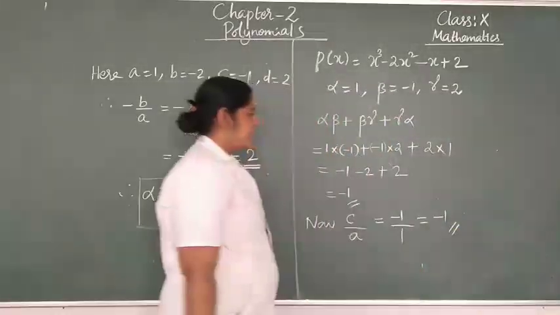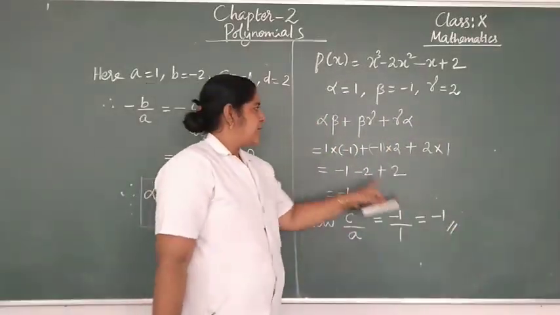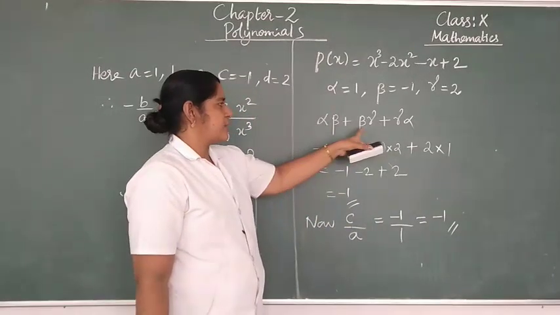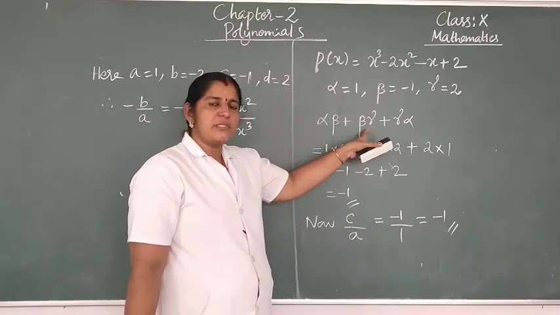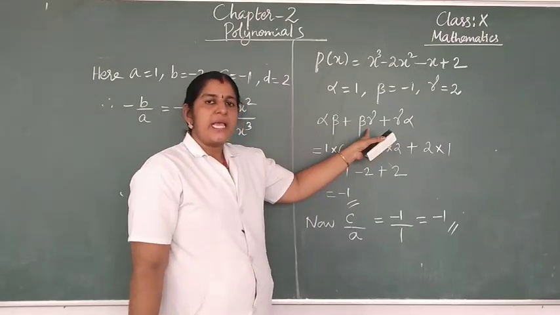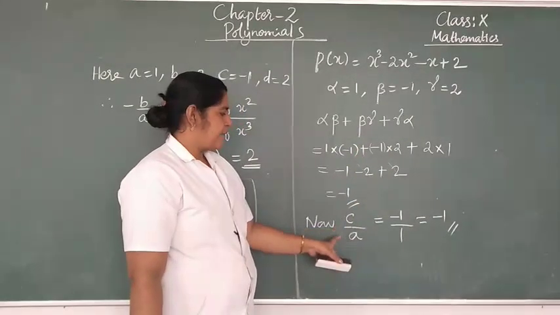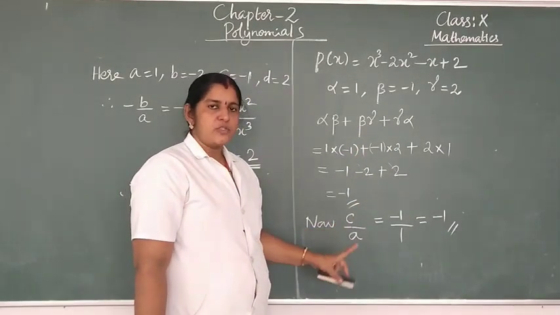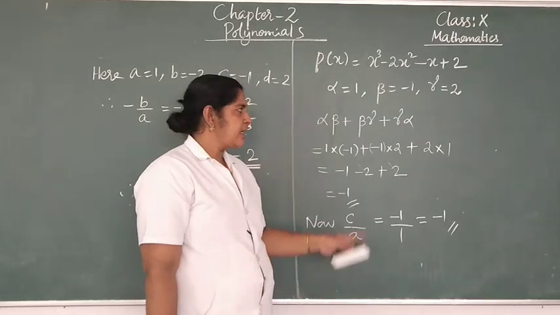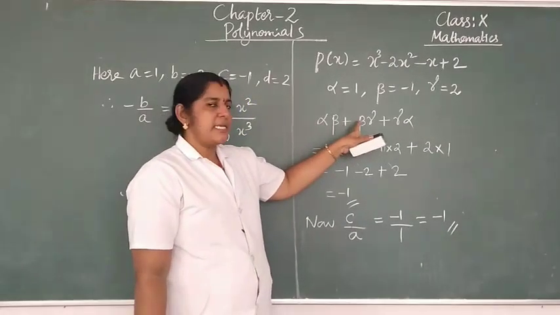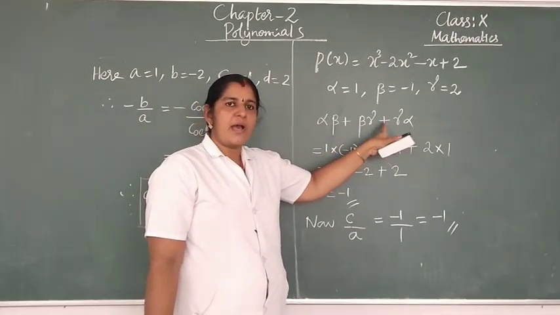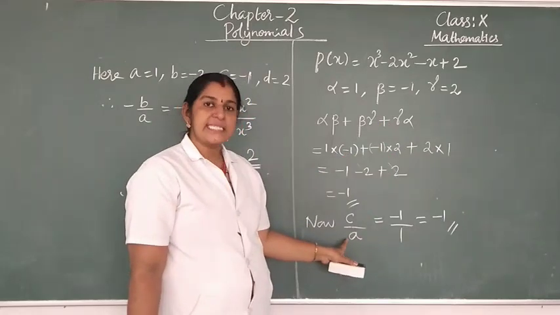So what can you understand from these two answers? The sum of the product of zeros taken two at a time is equal to the value of c by a. So what is the conclusion? What is the relation? Alpha beta plus beta gamma plus gamma alpha is equal to c by a.